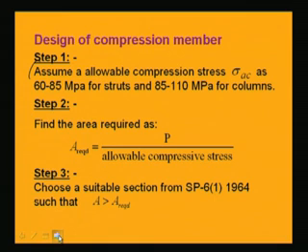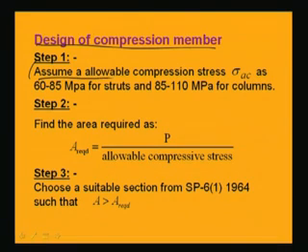Now we will see the design of compression member. What are the steps? First, we will assume an allowable compressive stress sigma AC as 60 to 80 MPa for struts and 85 to 110 MPa for columns.